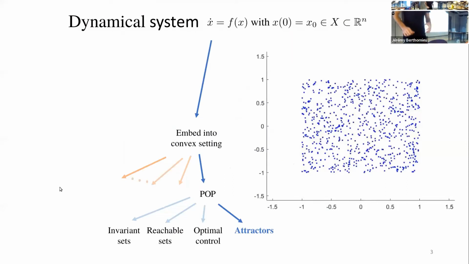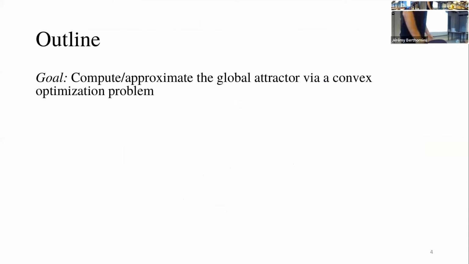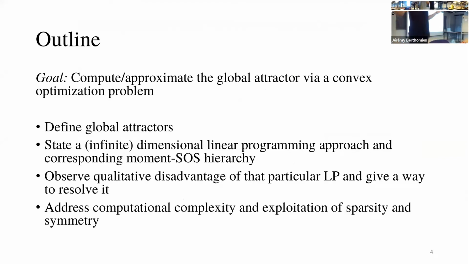And yeah, I want to motivate the following approach at the example of such attractors. Okay. So this is the main goal. We want to compute the attractors, mostly their volume, but also their shape. And in order to do so, I should define attractors. And then I present an infinite dimensional but linear programming problem that can do so.